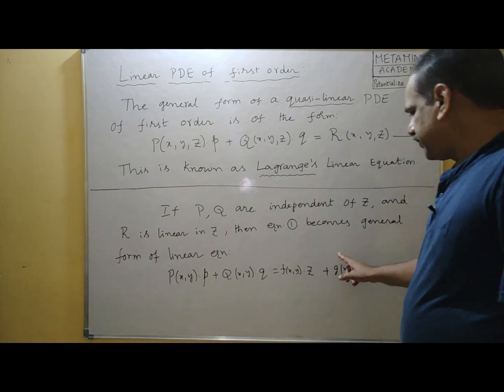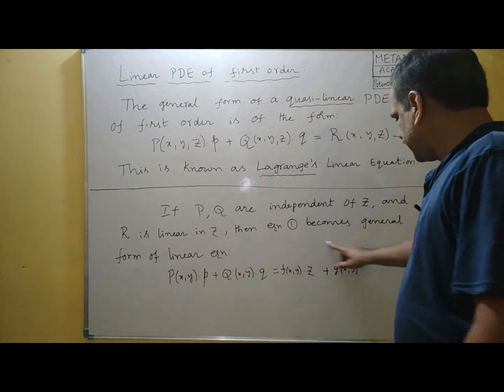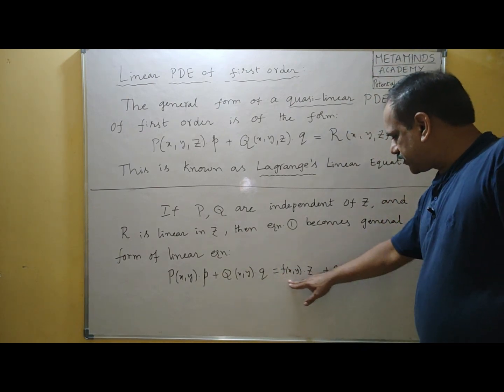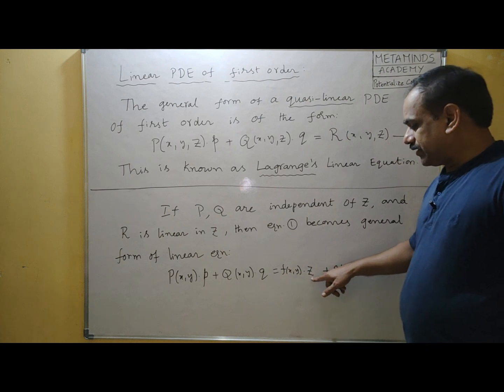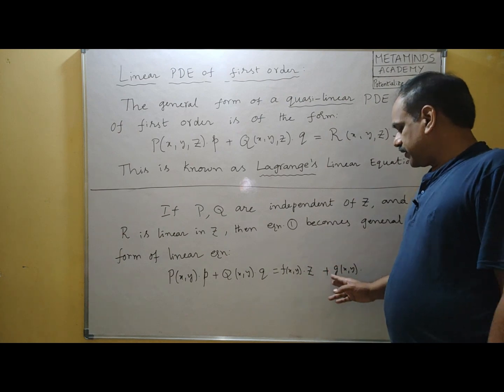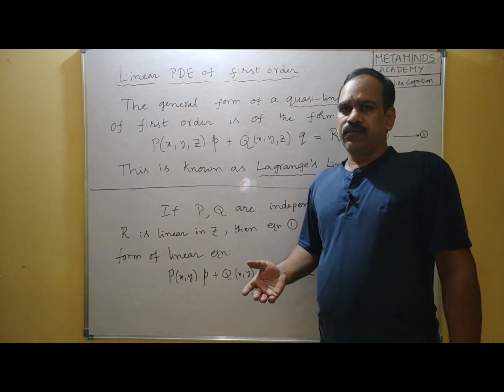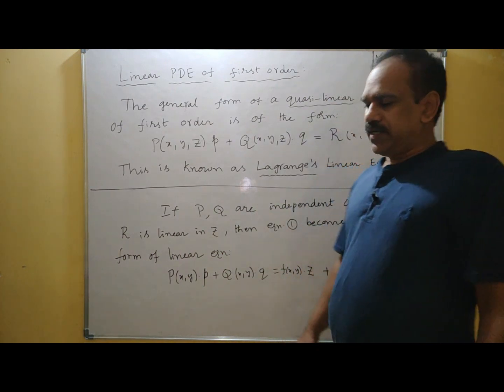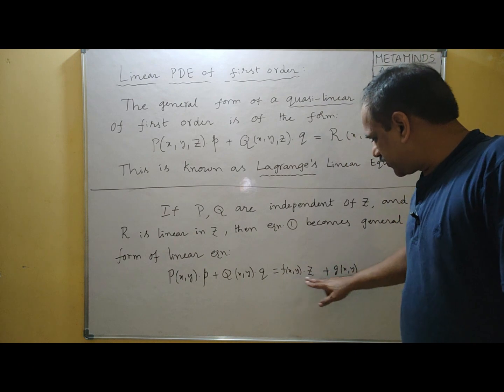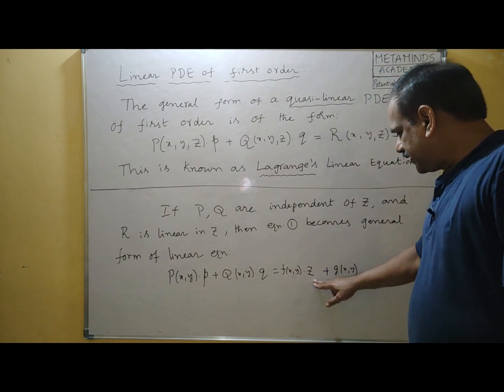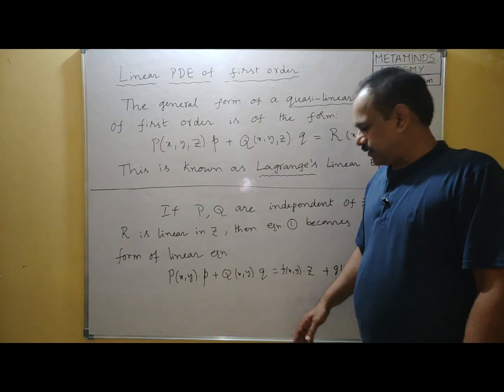So the RHS is written as a linear function in z. Linear in z, need not be in x and y, right? Because we always check linearity for the dependent variable, right? Therefore, a linear function in z is like az plus b, right?